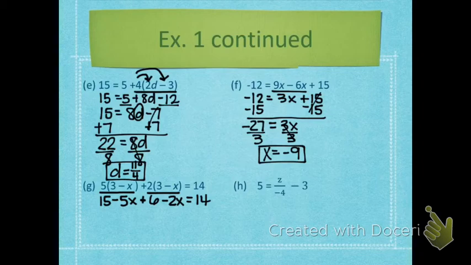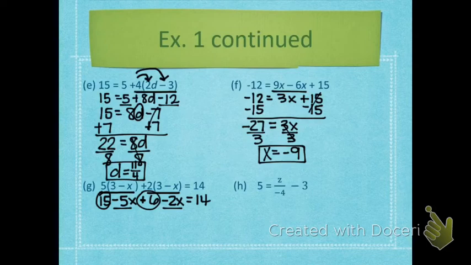All right. What are my like terms this time? I heard negative 5x, negative 2x. Any other like terms we can combine? 15 and 6. So negative 5x minus 2x is what? I gave it to you already. Sorry. Signs are the same. So what do we do when signs are the same?